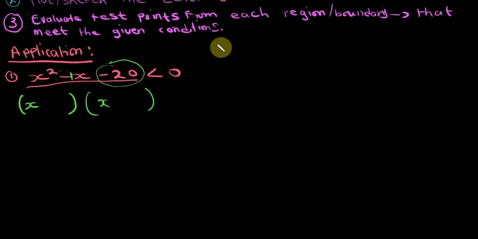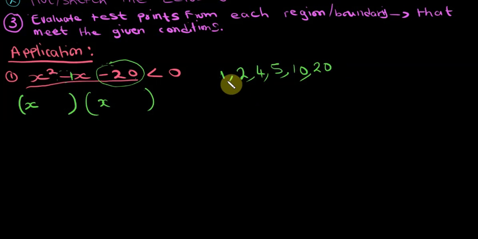From the factors of 20, we have 1, 2, 4, 5, 10, and 20 itself.